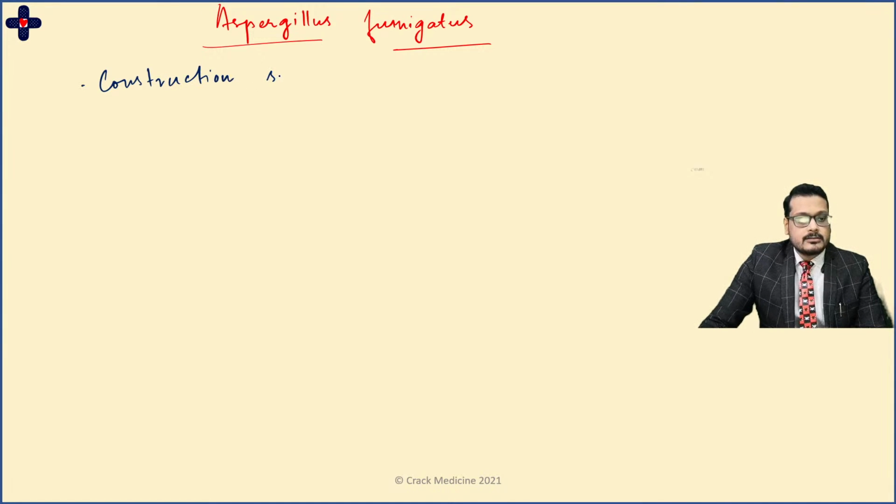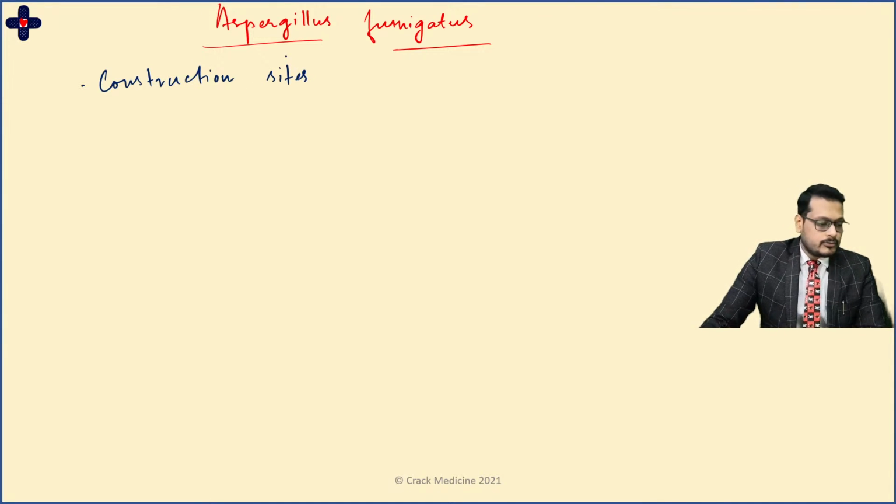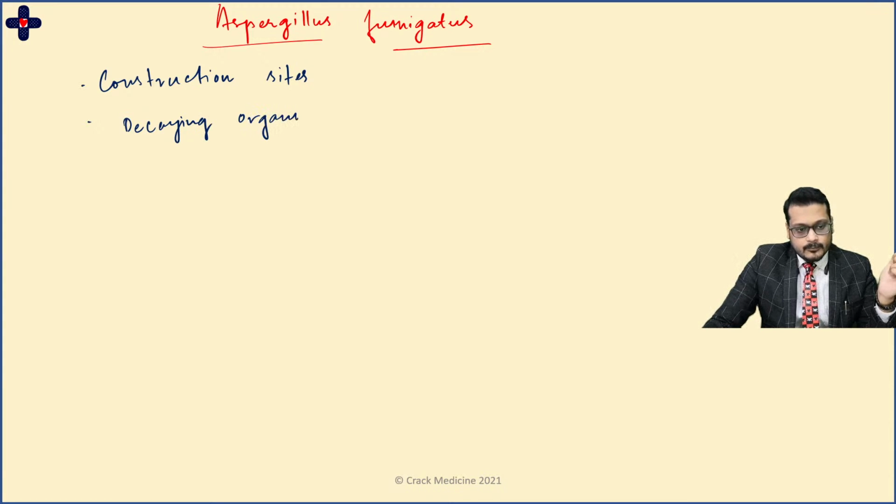Because construction sites throw up a lot of dust and spores. The Aspergillus spores are the ones that cause the infection through building construction works. Also, this is seen in decaying organic matter. Where do you find decaying organic matter? In the soil, right? So it's seen in the soil.